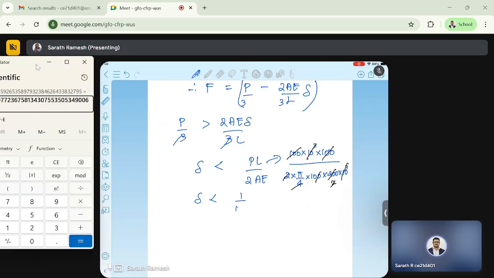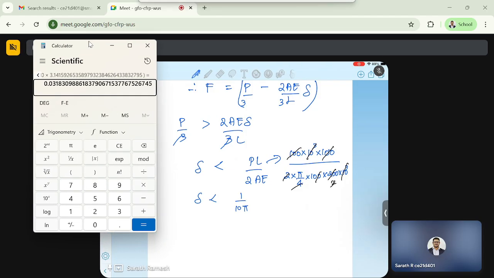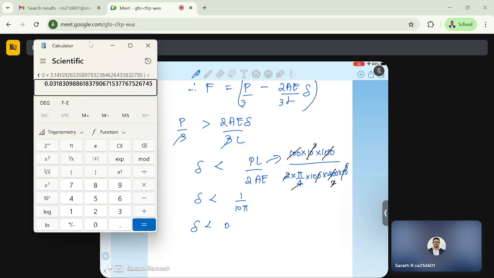So 10 pi, right? Okay. So what is 1 by 10 pi? 1 by 10 into pi. This delta has to be less than 0.0318.